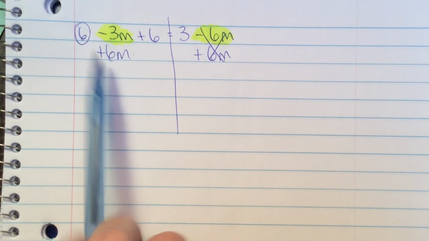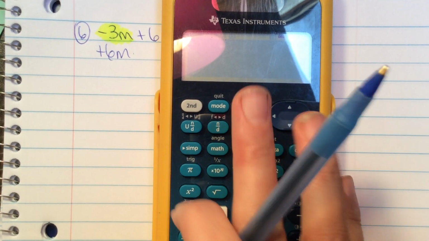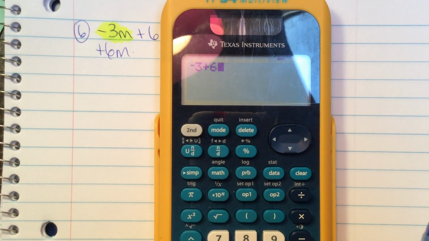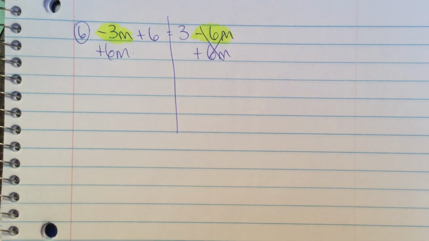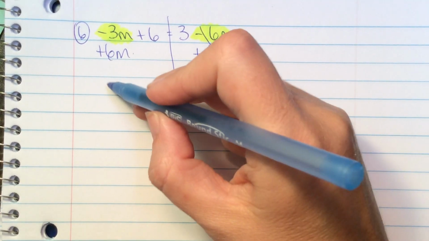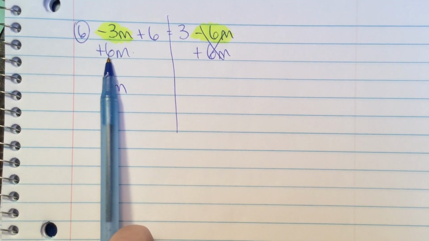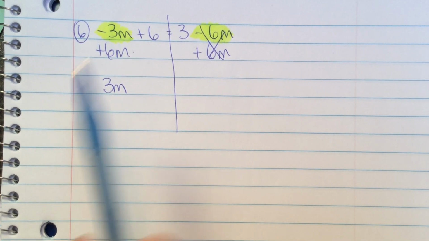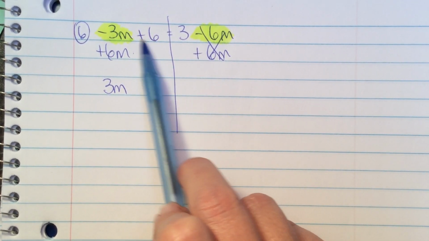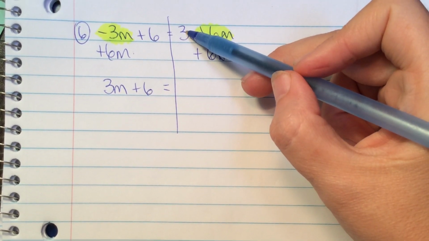So negative 3 plus 6 is positive 3. Positive 3m. I'm going to keep my 6 here. And I'm going to keep the 3 here.